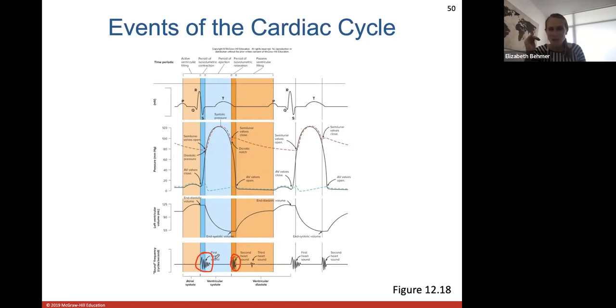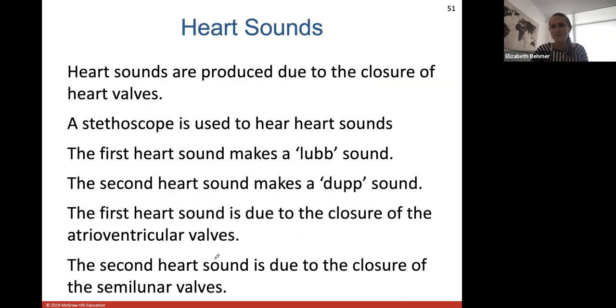What the doctor could listen for is, instead of hearing the lub-dub sound, you might hear a whooshing noise in between them. They're hearing blood flow back into a chamber it shouldn't be going. So these heart sounds are produced due to the closure of your heart valves, and the stethoscope is the medical device used to hear them.